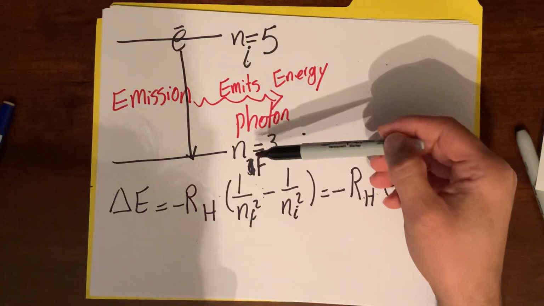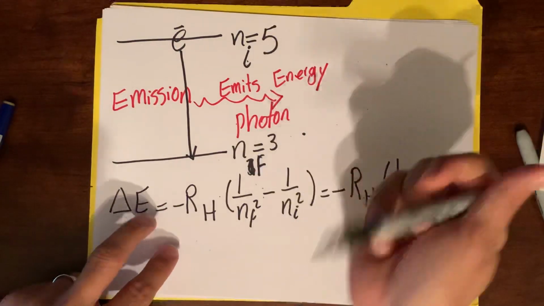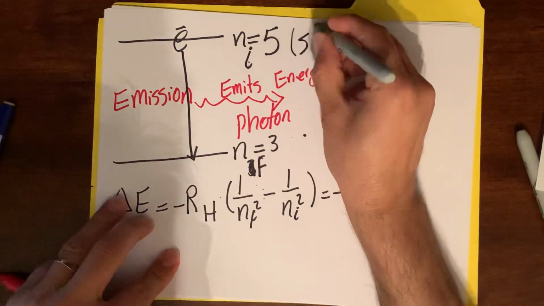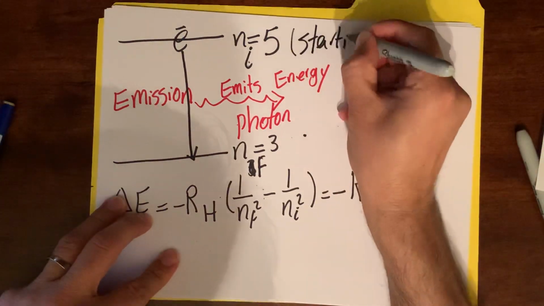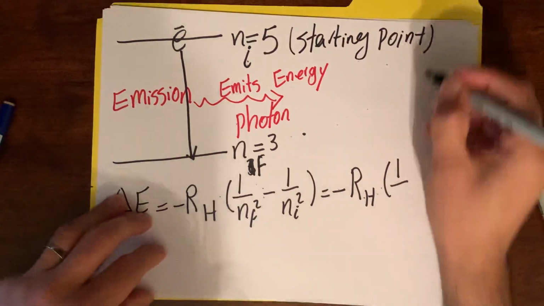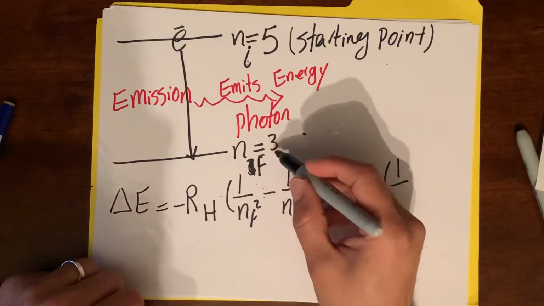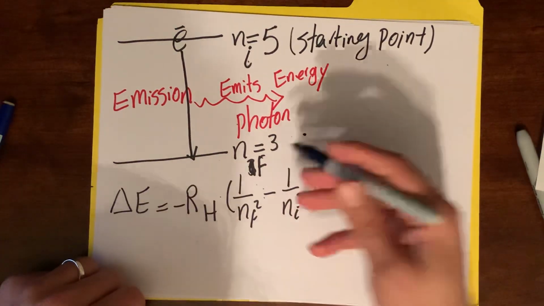That's not true. The starting point will tell you the initial n, and this one is the final point or the destination.